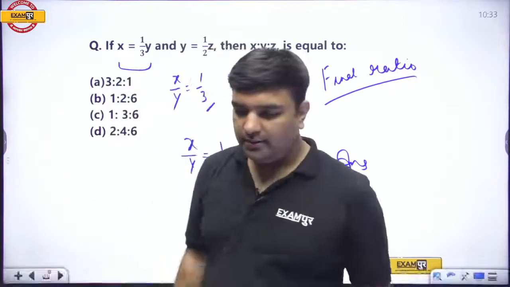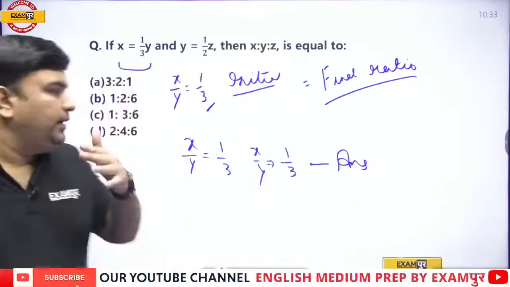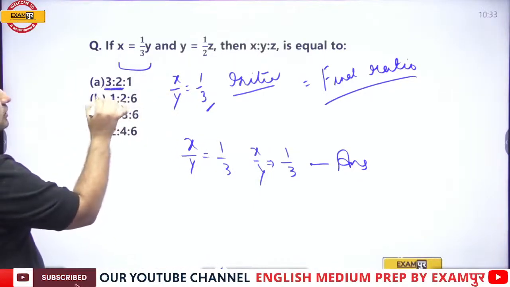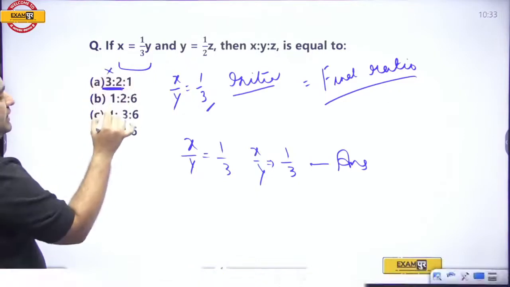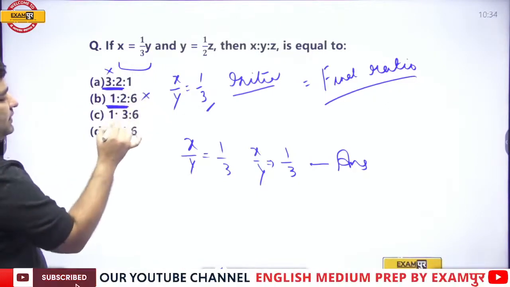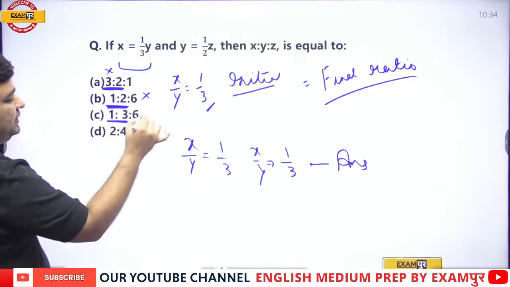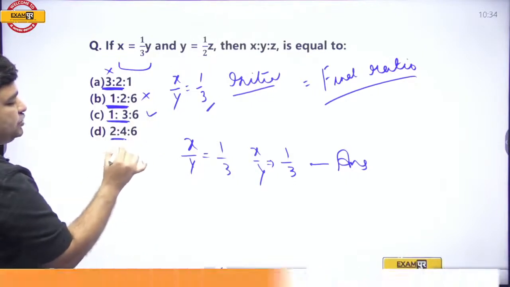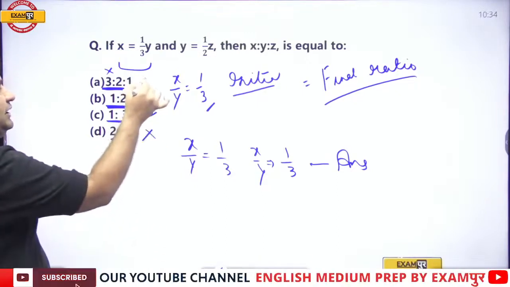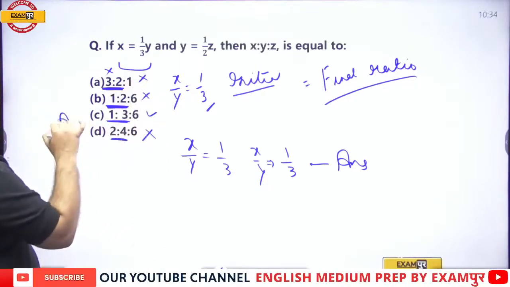Is x and y 1:3 over here? Not at all. If they are 1:3 here, yes. If they are 1:3 here, they are 1:2. All three options cancel out. This is the answer.